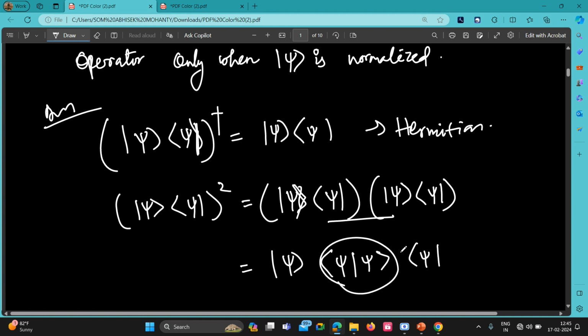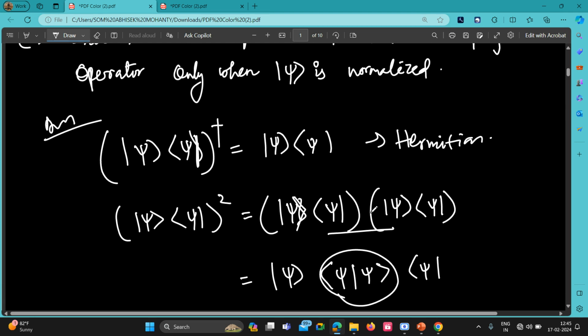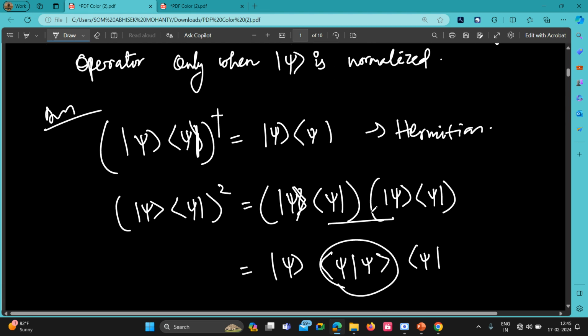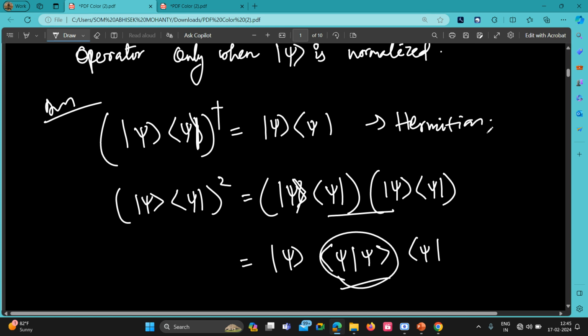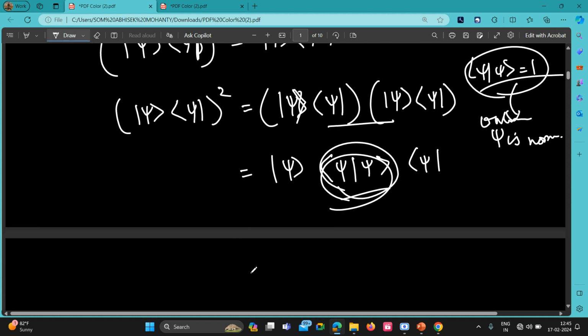If you see, this is normalized. If it is normalized only, it will be a projection operator, because if it is normalized, this one will become 1. The middle part will vanish, and that means psi.